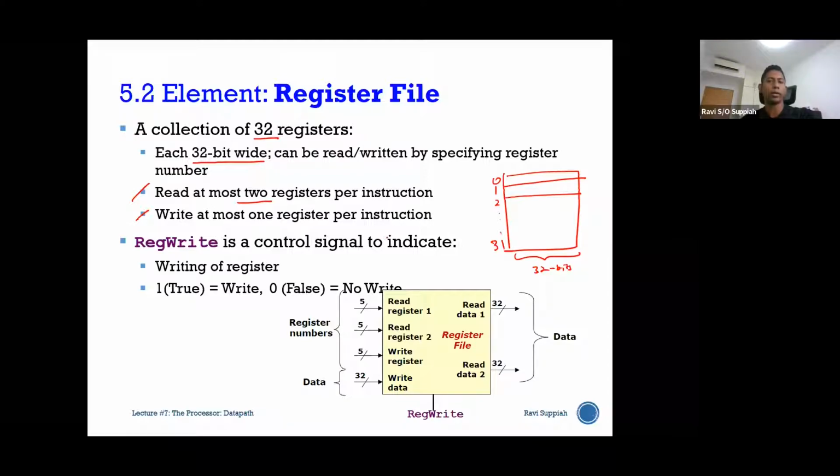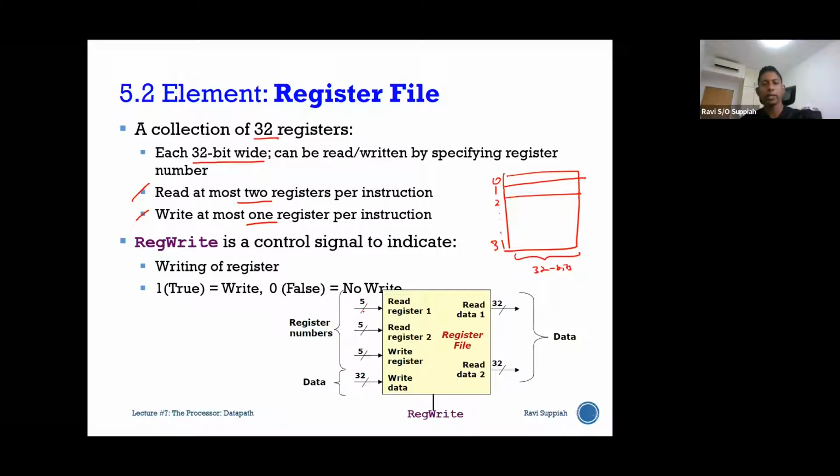If not, I read 1 register. When it comes to writing, I will only write back to at most 1 register. There is no instruction where I'm required to write to 2 registers at the same time. These are some of the behaviors of the MIPS that we have seen from our instructions.